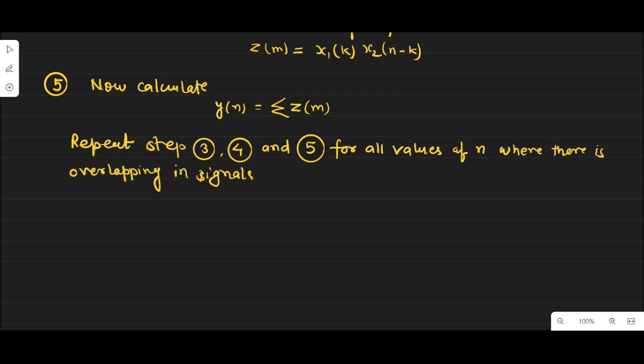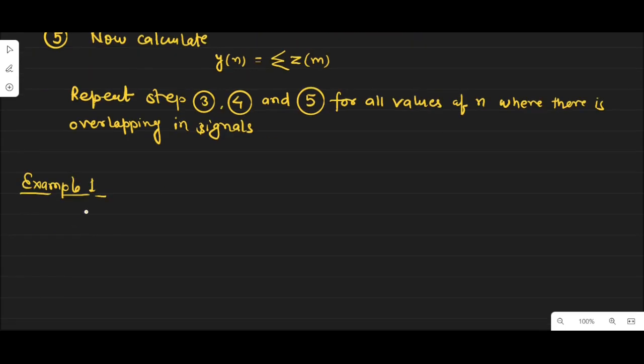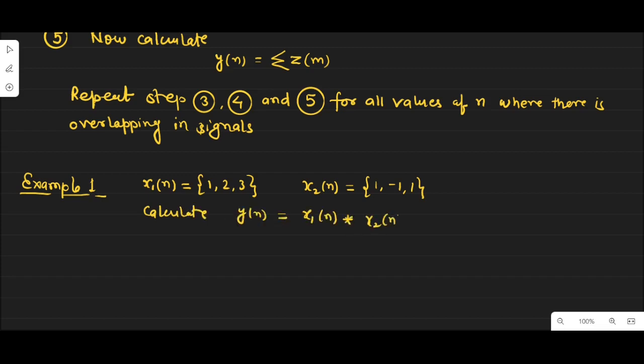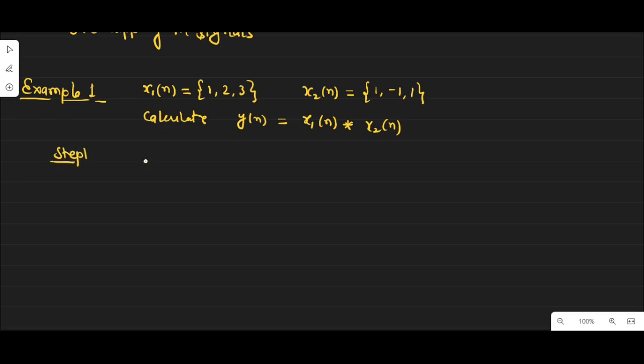Okay, let us take one example. x1[n] is 1, 2, 3 and x2[n] is 1, minus 1, 1. Then calculate y[n] equal to x1[n] star x2[n], where star means convolution. Step 1, x1[k] is 1, 2, 3 and x2[k] is 1, minus 1, 1.